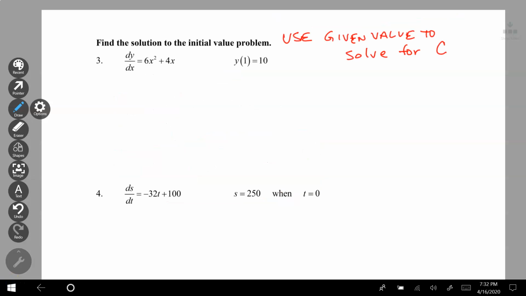So now I'm going to do the same idea, except I'm going to have some initial value to help solve for the c. So I'm going to use this point, which is (1, 10), to solve for what the c value is. So it's not general anymore, it's a specific. I'm going to bring the dx over to the other side.